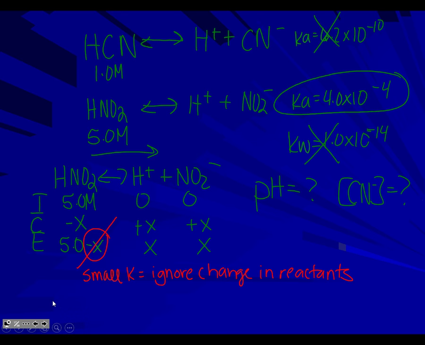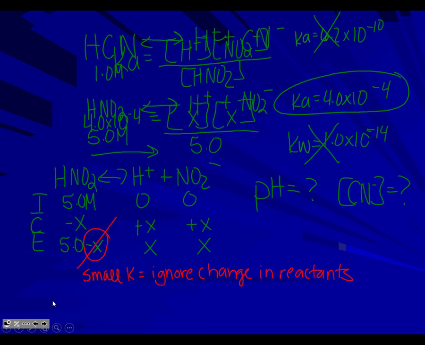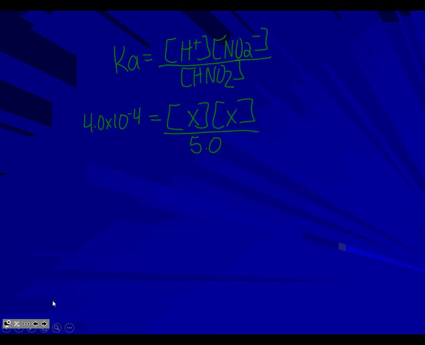So we'll go ahead and remember to ignore that. So that's why on the bottom on the next slide, I just have a 5 down here, because I'm ignoring that change.